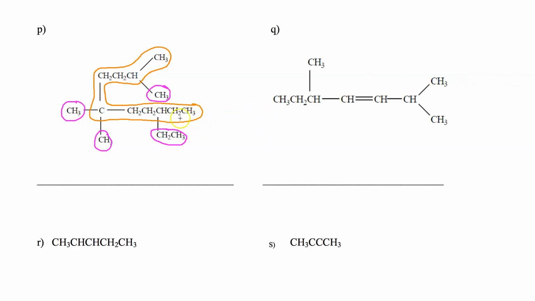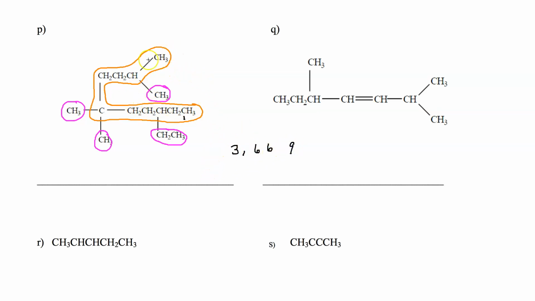If I number this way, 1, 2, 3, 4, 5, 6, 7, 8, 9, I'm going to have a 3, a 6 and a 6, and then a 9. That's one possibility.